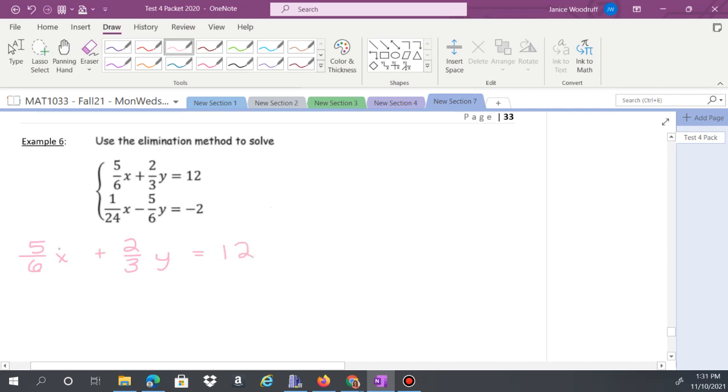Okay, so I'm going to multiply each term here by 6. So that's going to give me, these 6's will eliminate. That'll give me a 5x. 3 goes into 6 2 times. 2 times 2 is 4, so that's a 4y. 12 times 6 is 72.